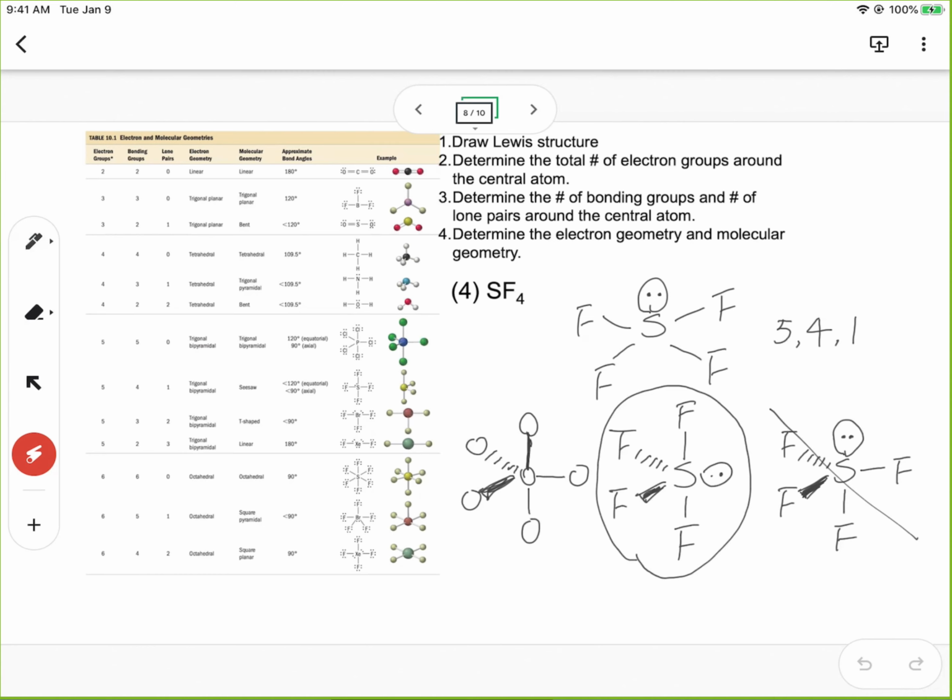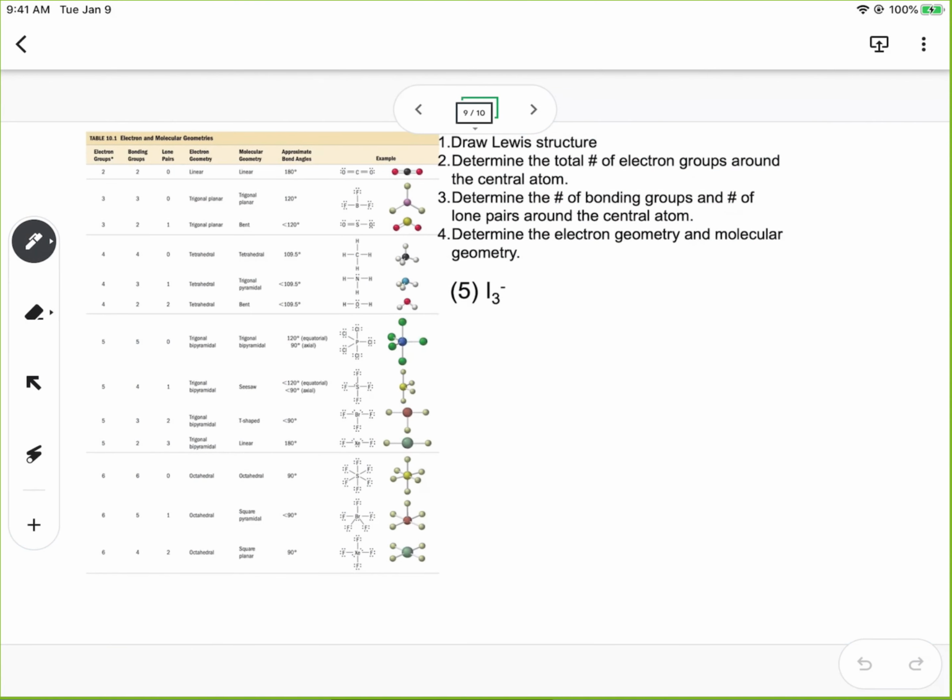Less than 120 means these two fluorines will be closer to each other a little bit, so these two bonds form an angle that is less than 120. And this one is going to be less than 90 degree. All right. Let's move on to the next example.